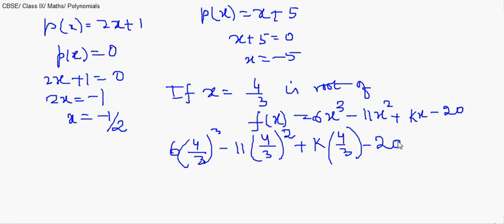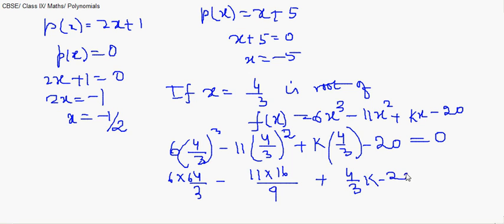This should give us a 0 because 4 by 3 is the 0 of the polynomial. Now 4 4s are 16, 16 4s are 64. So it is 6 into 64 by 3 minus 11 into 16 by 9 plus 4 by 3k minus 20 equals 0.